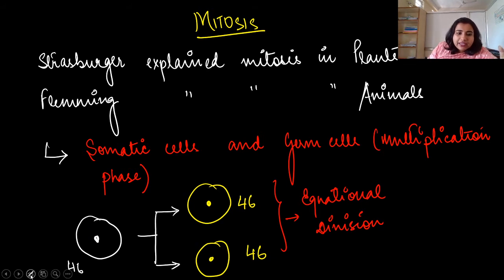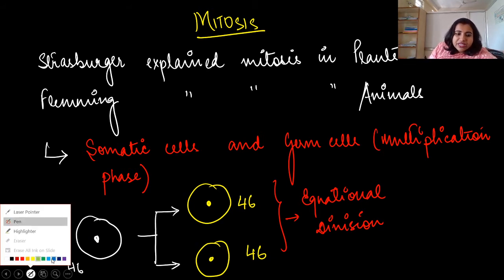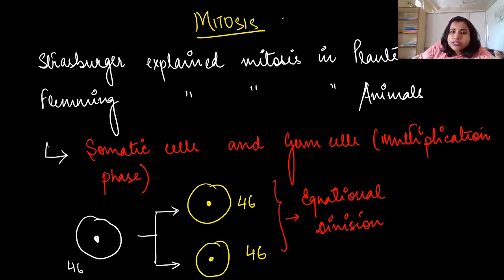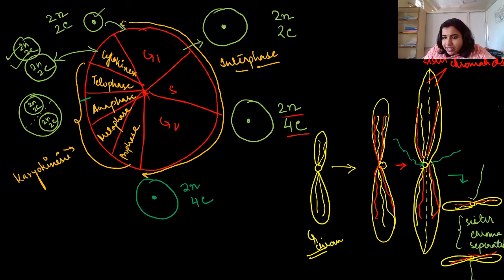Mitosis is basically a cell division, which is a combination of two words, mito plus kinesis. Mito means thread-like structure. What is the thread-like structure? See here, this is a thin thread-like structure.